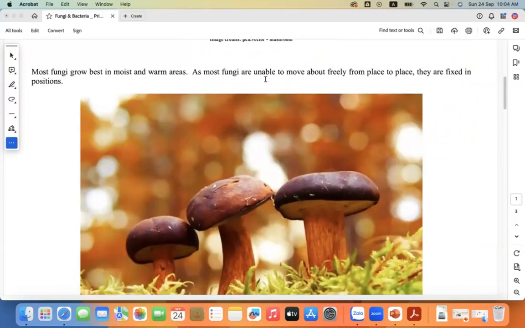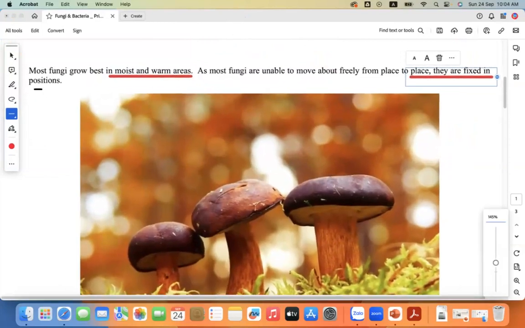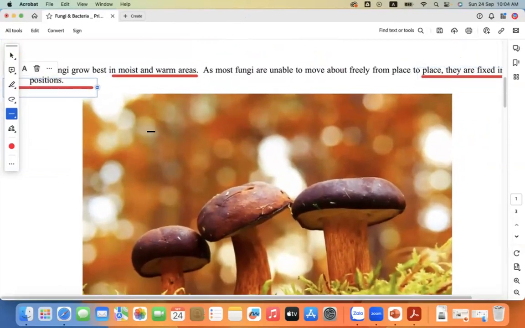Most fungi grow best in moist and warm areas. So the keywords here, students, are moist and warm. As fungi are unable to move freely from place to place, they are fixed in position, so they cannot move.